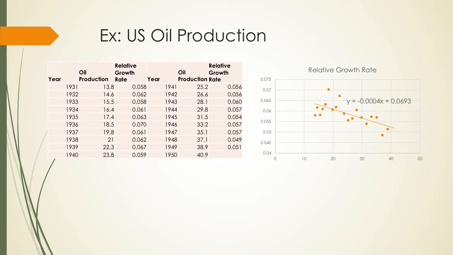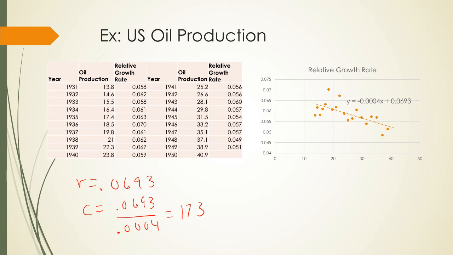From this, we can determine that R is equal to 0.0693 and C is equal to 0.0693 divided by 0.0004, which equals 173. In this scenario, the carrying capacity represents the total U.S. oil production. So this figure predicts that the U.S. has the capacity to produce 173 billion barrels of oil.